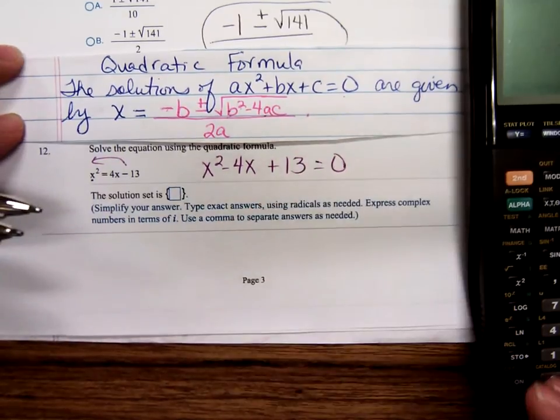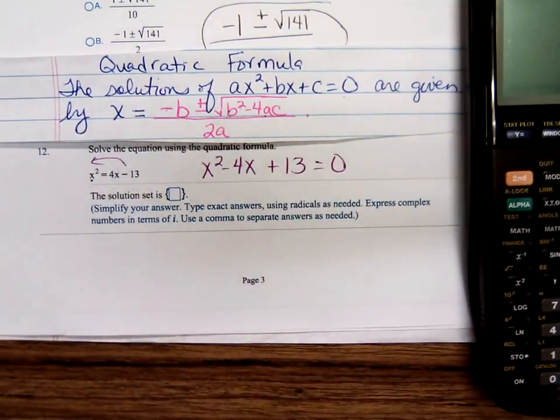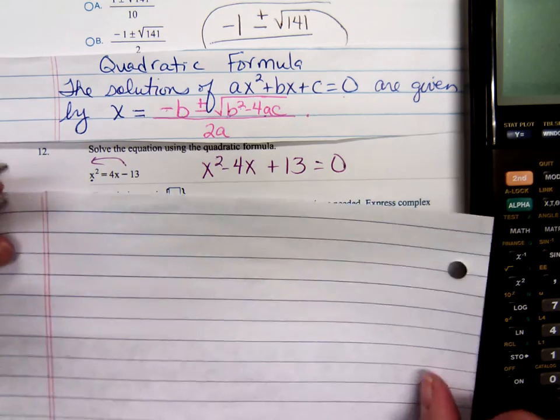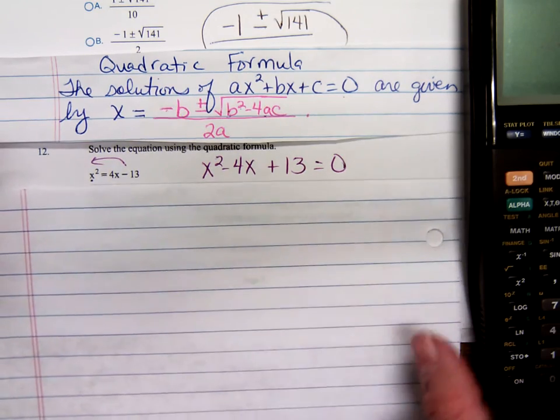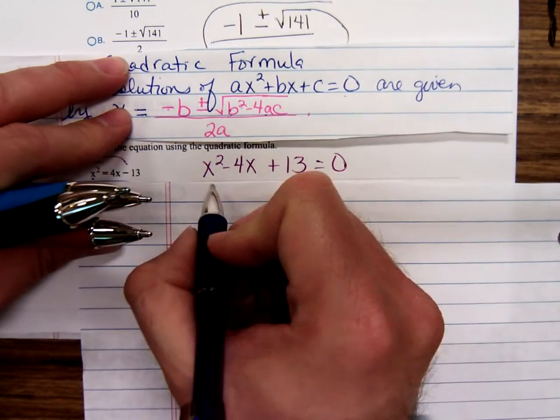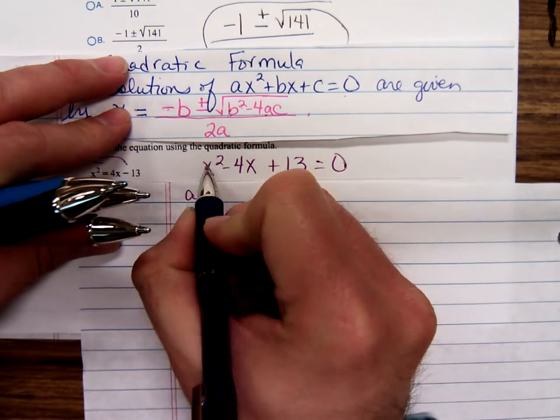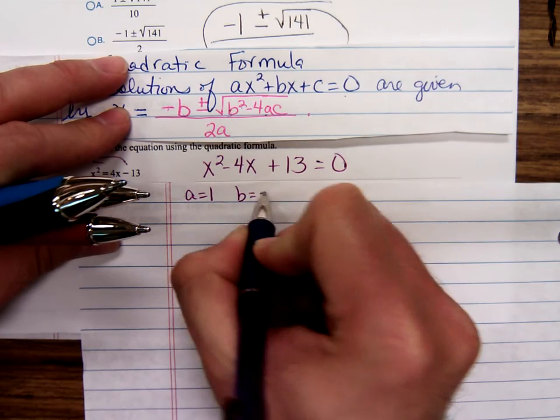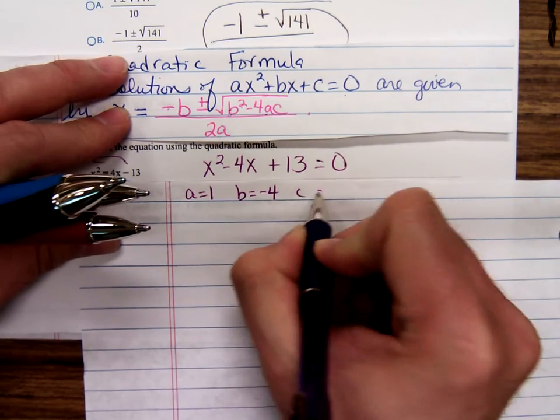I'll just do it on scratch paper. So there's the equation. So A is 1, B is -4, and C is 13.